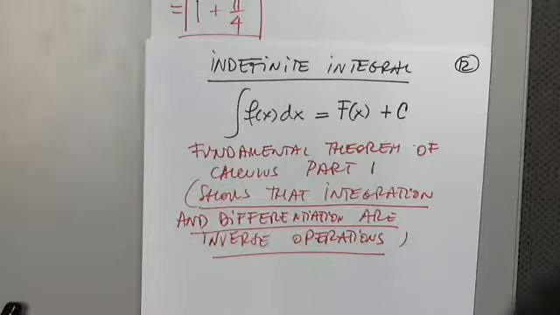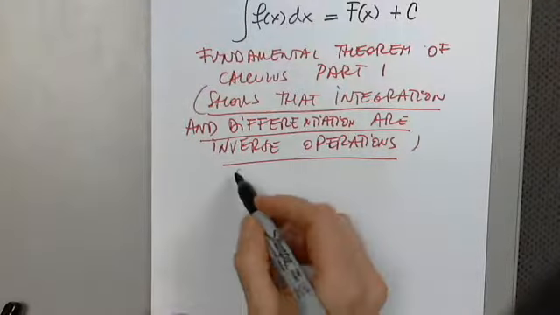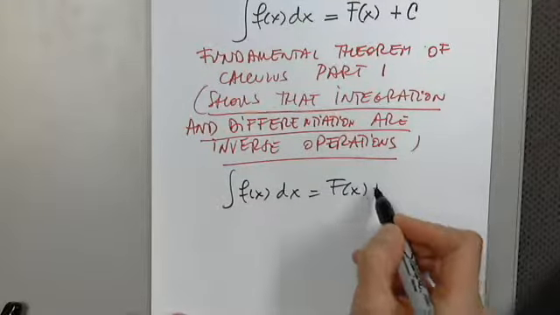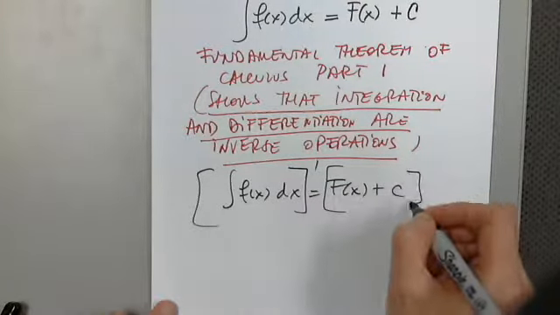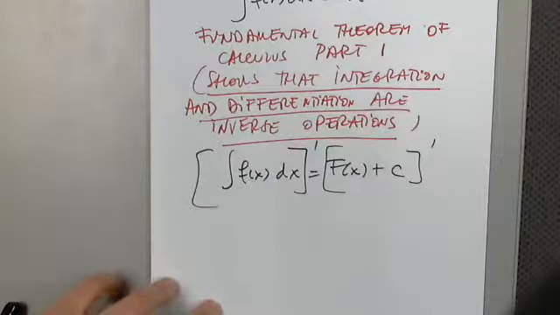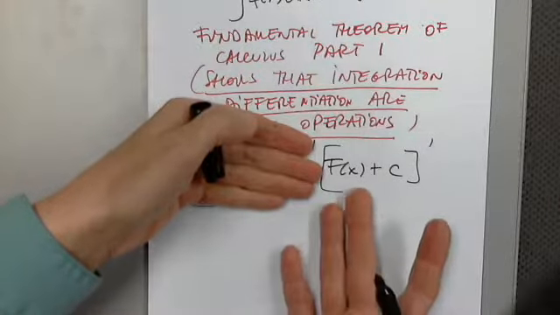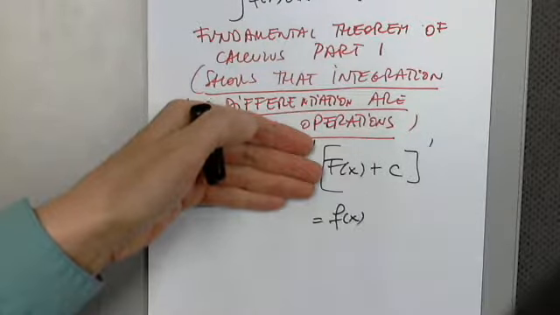That's why I'm going to copy it one more time. The integral of f of x dx equals F of x plus c. If I differentiate the left-hand side and differentiate the right-hand side, I have to get the same thing. So let's start with the easy part, that it's clear. What do I get here? Indeed, lowercase f of x.